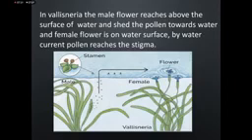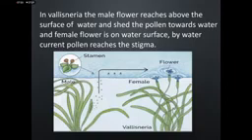In Vallisneria, the male flower reaches above the surface of water and sheds the pollen towards water, and the female flower is on the water surface; by water current pollen reaches the stigma.